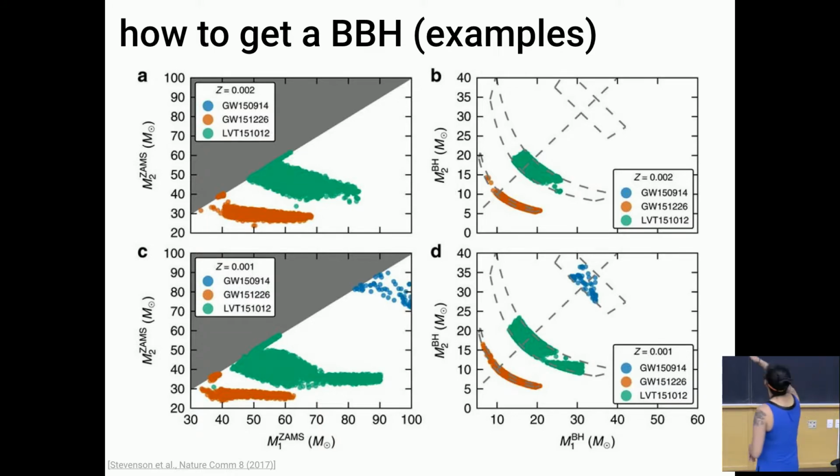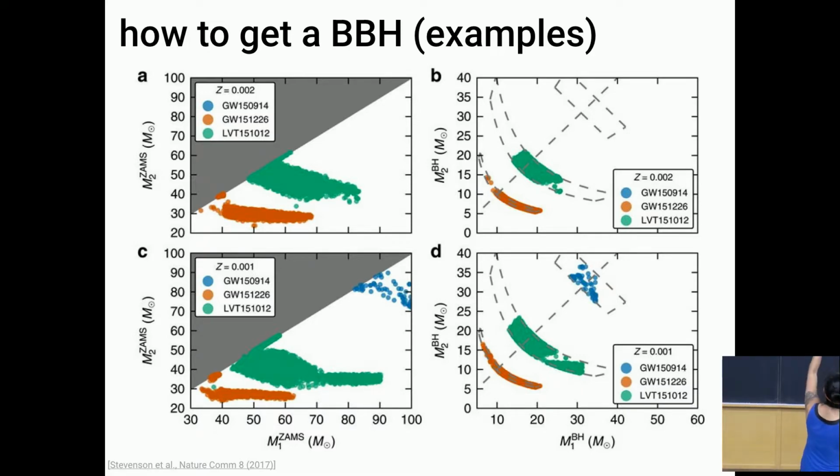So what you're seeing on the right here, let's look at the bottom right. What this is saying is, these curved banana shapes, these are the contours of what the final masses look like. On the horizontal axis, you have the mass of the primary, again, just the heavier one.